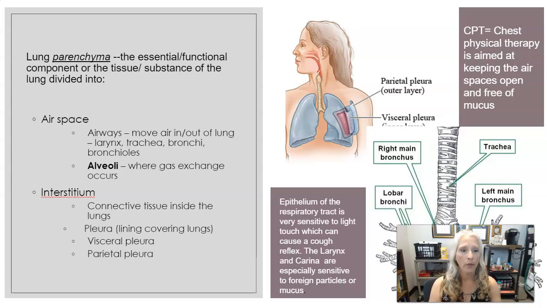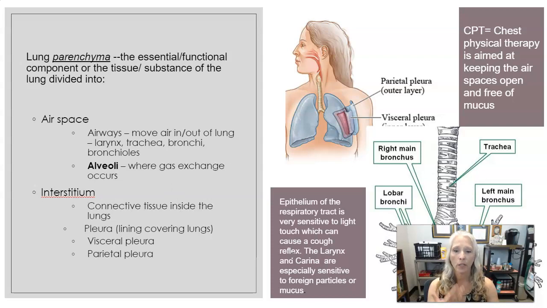Okay, so a couple of important vocabulary words on this slide. First off is the word parenchyma. Parenchyma just means the tissue that makes up the organ. So lung parenchyma just means the tissue that makes up the lung itself. There is interstitium, which is connective tissue inside the lungs.